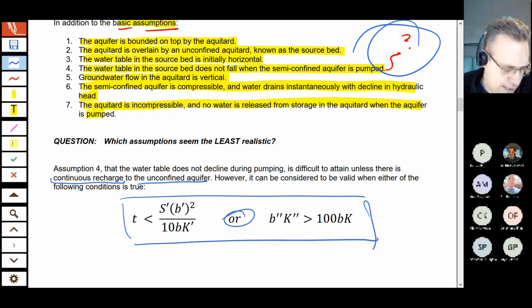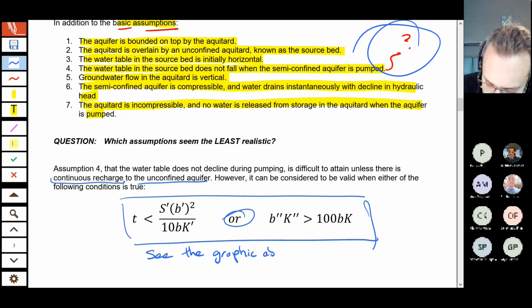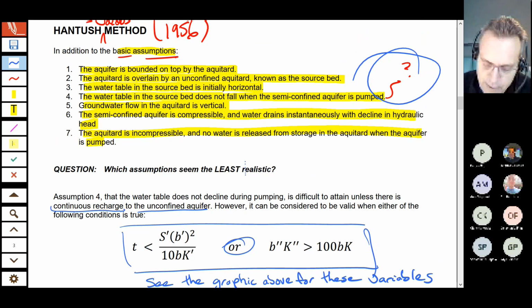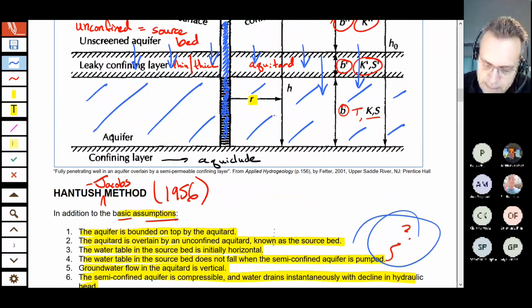We'll get back to these, but see the graphic above for these variables. When I say see the graphic above, it's just these variables.